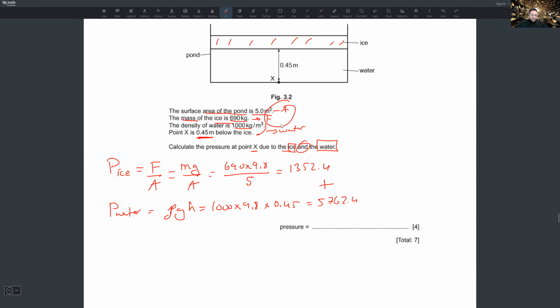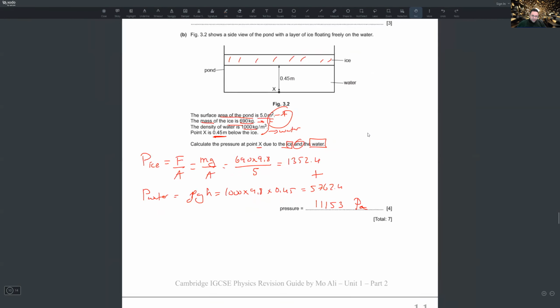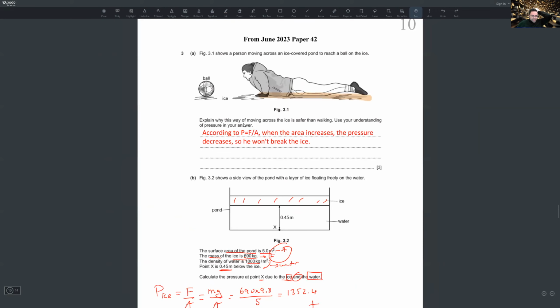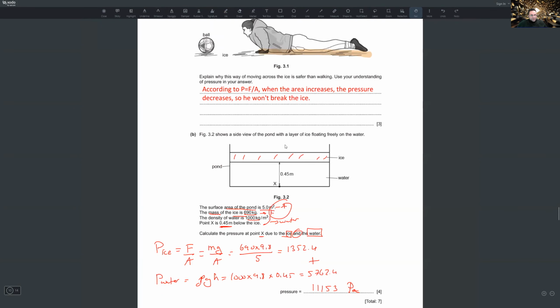We add them. You add these two, and it gives 11,152.8. I'm just going to say 11,153 Pascal. So we've used both pressure equals force over area and rho gh in this question. And we used our understanding. Okay.